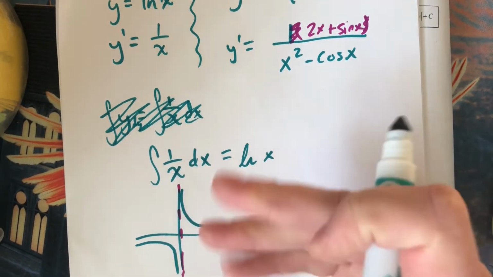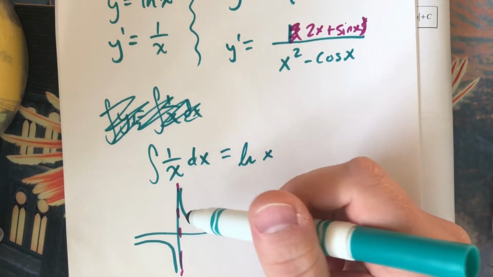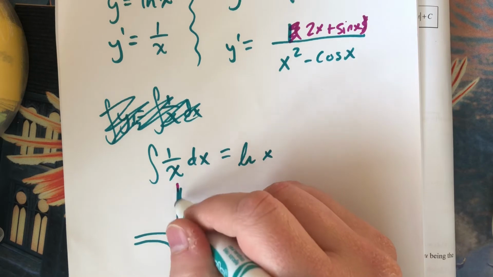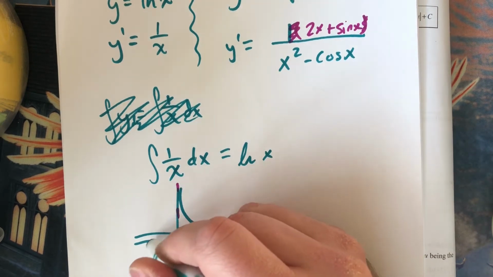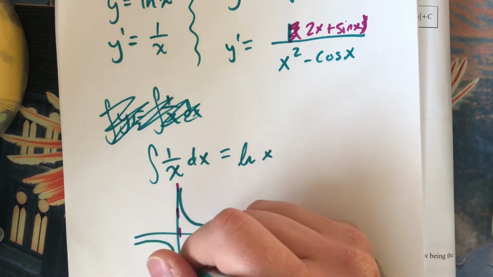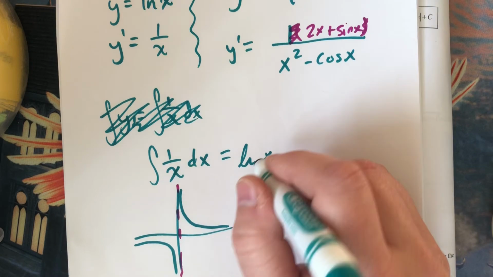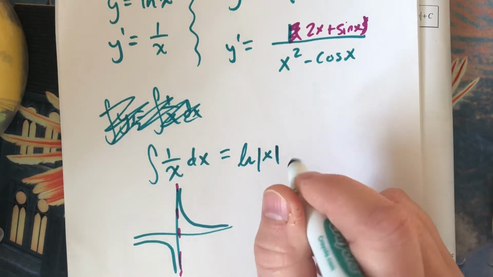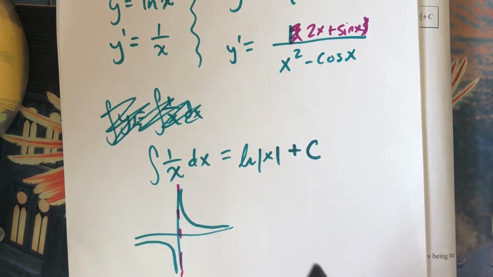These two are vertical reflections of each other, and because of that, over here the derivative anywhere is ln x, and over here, if it was just positive, then it would be ln x. So what we can do is say it's ln of the absolute value of x. We need the constant of integration as well.